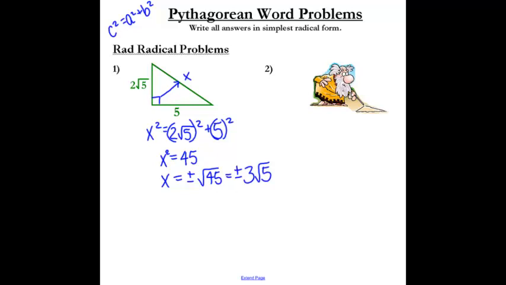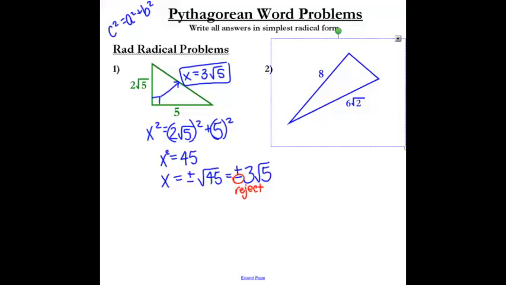Now in math, one of the techniques we use is we say reject this solution because it is negative and we're just talking about distance. So the actual solution here is 3 radical 5, only the positive answer. So you have 3 more questions there. You can go ahead and solve those on your own and come back and check your answers.